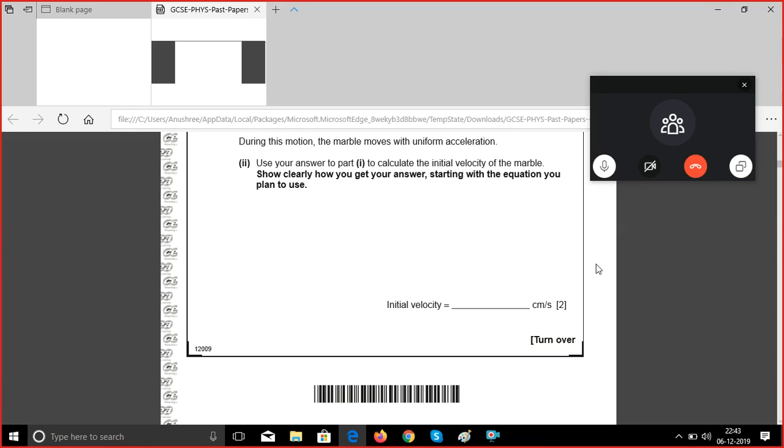Using the formula of acceleration, change in velocity over time, you can calculate it. Or you can use average velocity equals u plus v over 2.